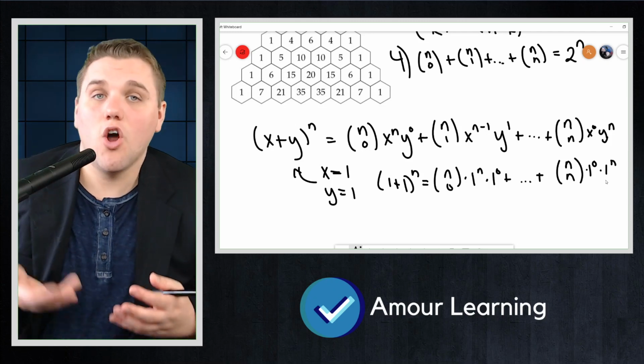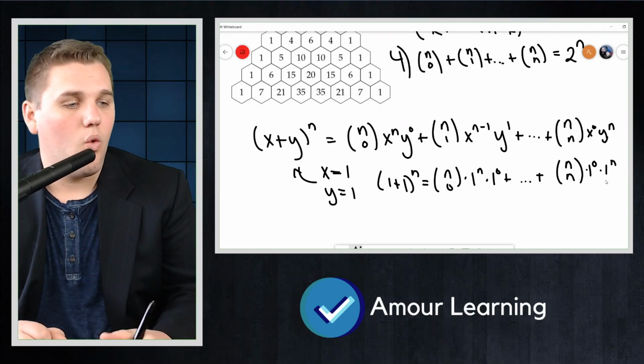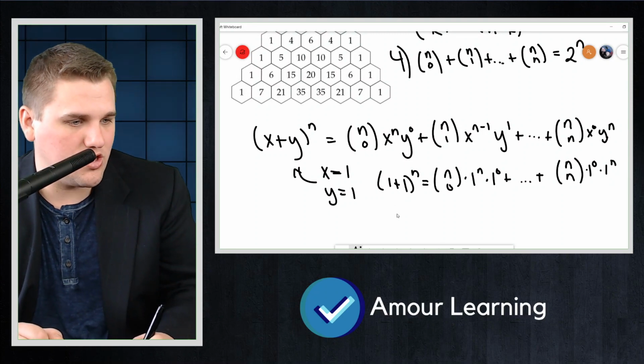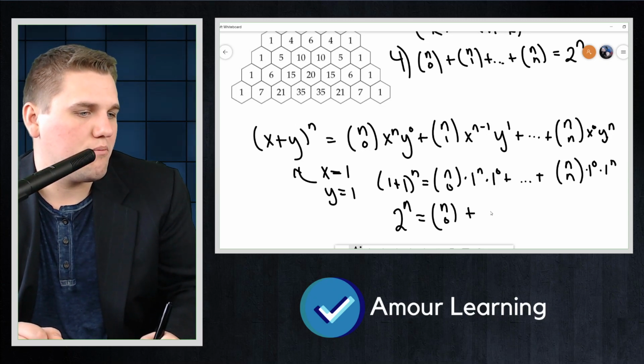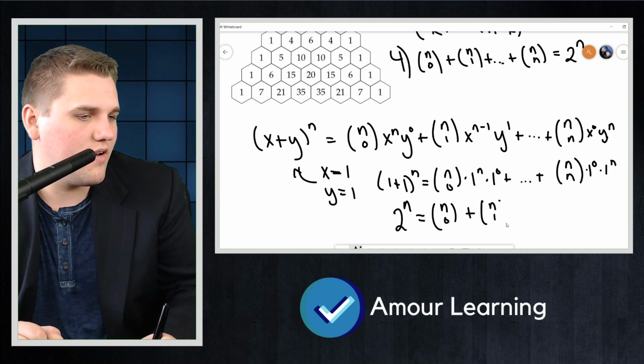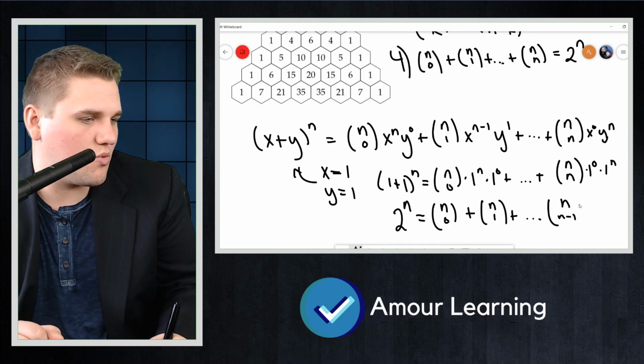Now multiplying by 1 over and over again does nothing, so we can get rid of all these 1s. And then 1 plus 1 is 2. So that means 2 to the n equals n choose 0 plus n choose 1 plus all the way down to n choose n minus 1 plus n choose n.